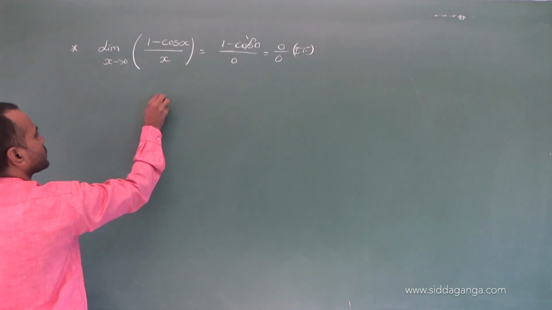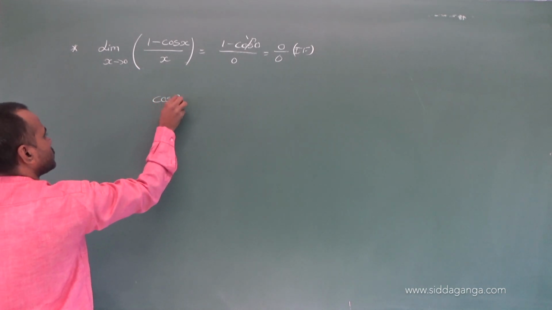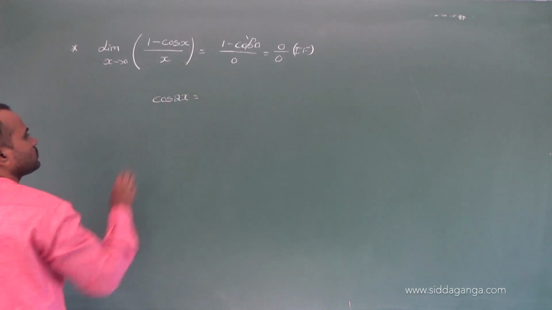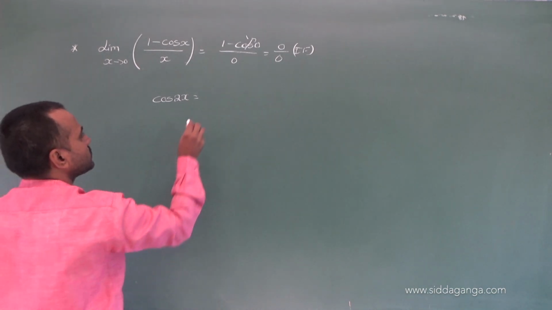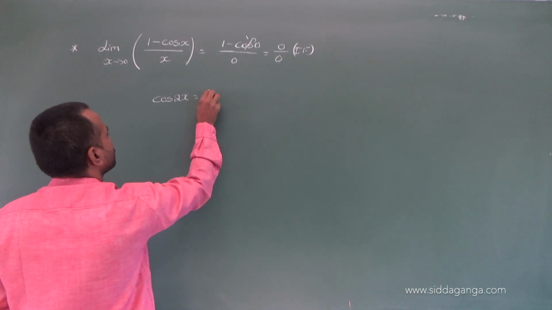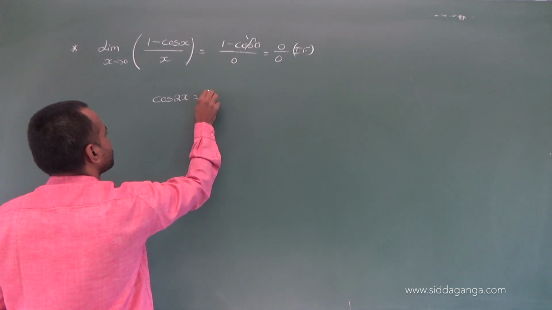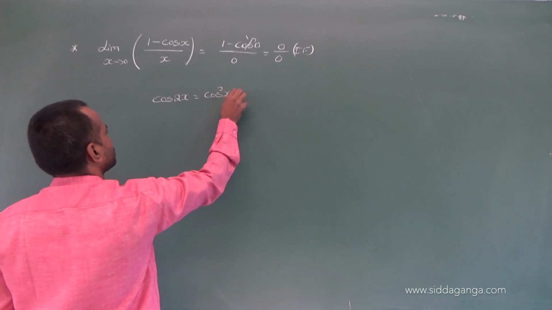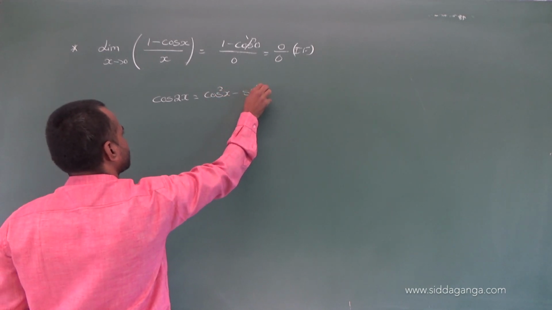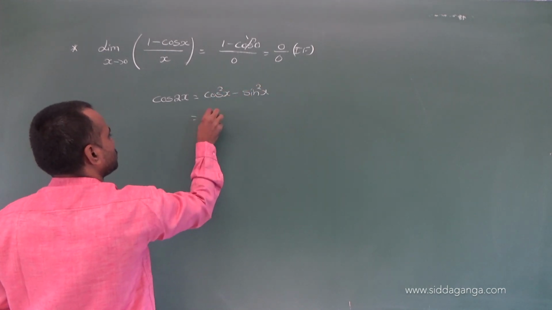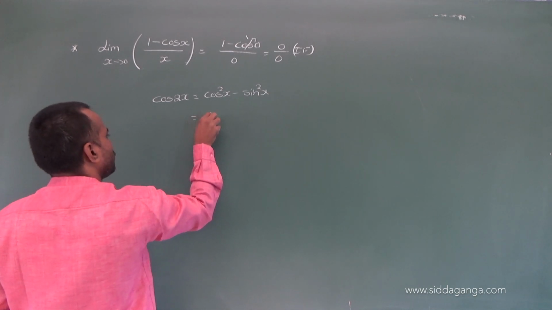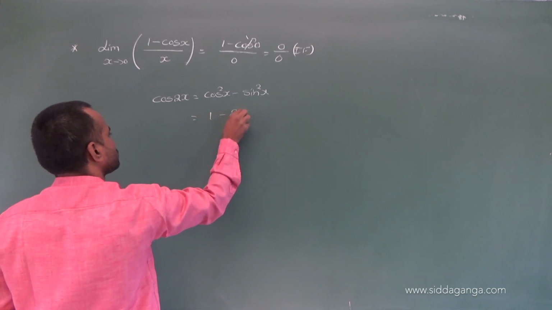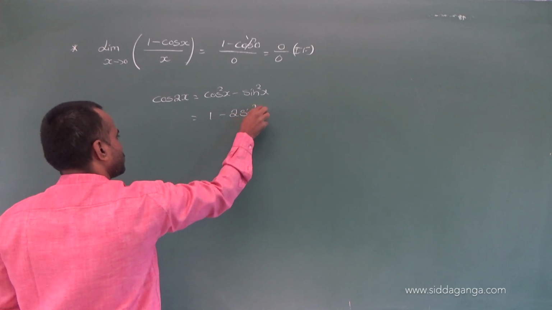But cos 2x has 3 formulas. Cos square x minus sin square x is the first. Second, 1 minus 2 sin square x.